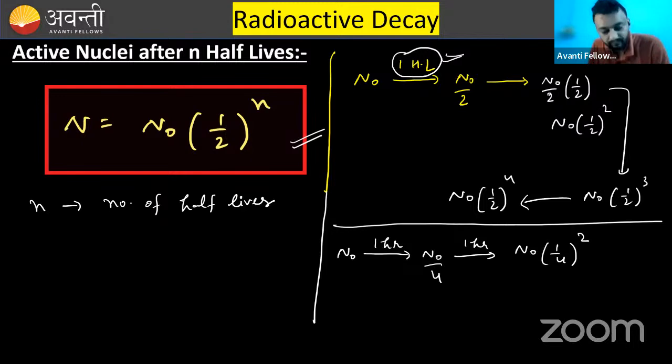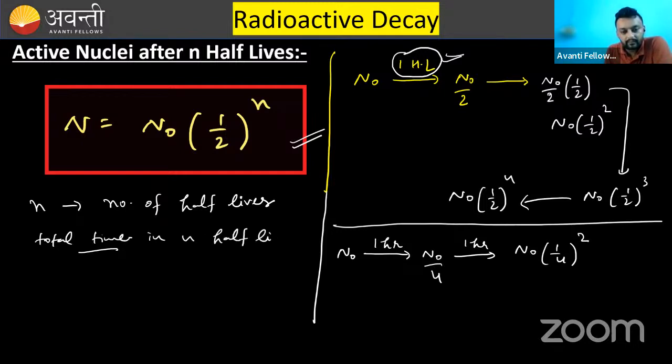One more thing. Total time in n half-lives. What is the meaning of this statement? I said that after 4 half-lives, what will be the amount left? So 4 half-lives is clear.